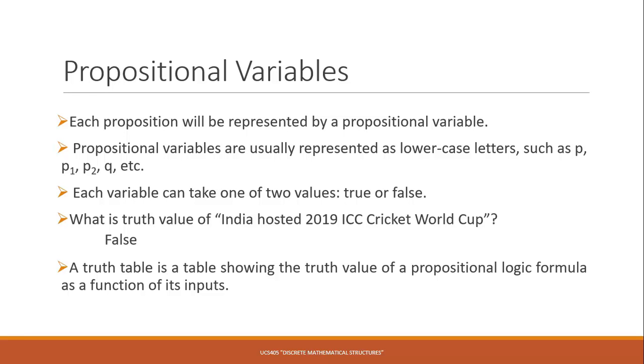Now we will construct truth tables. What is a truth table? A truth table is a table showing the truth value of a propositional logic formula as a function of its inputs.